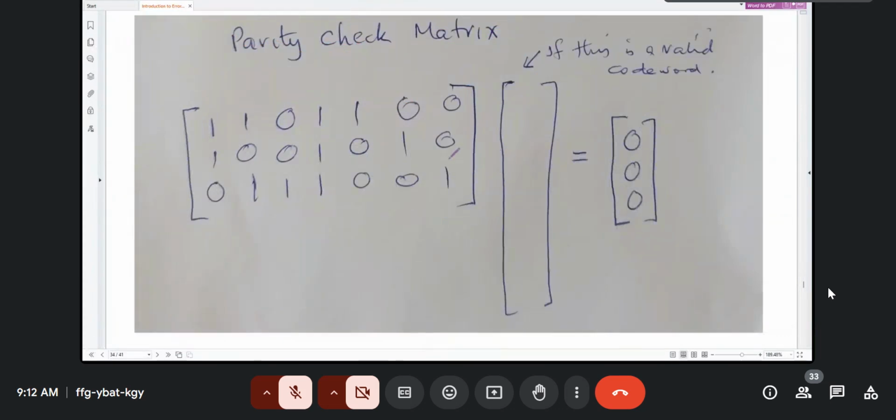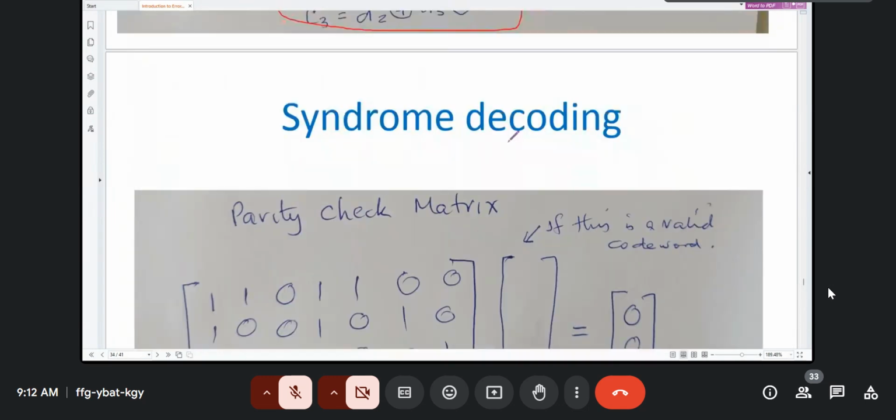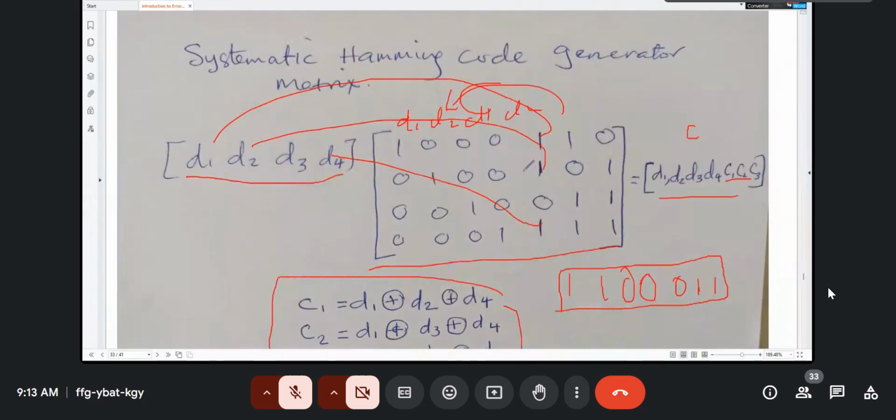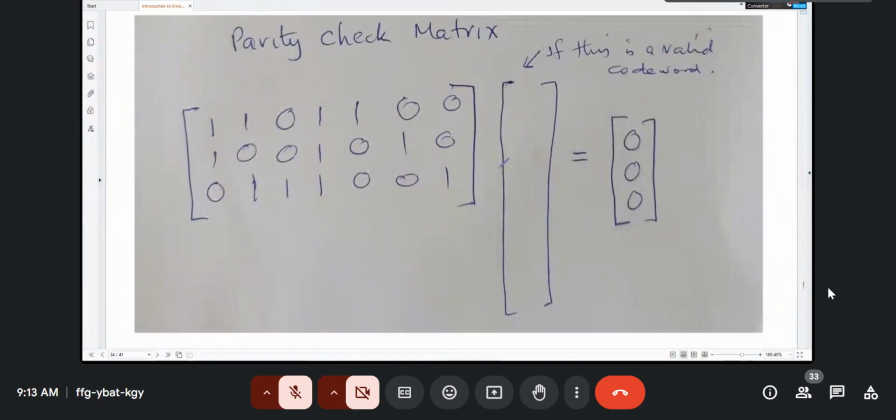is how we do the syndrome decoding. If you have the parity check matrix, you can either do this to get a syndrome, or you can do this.